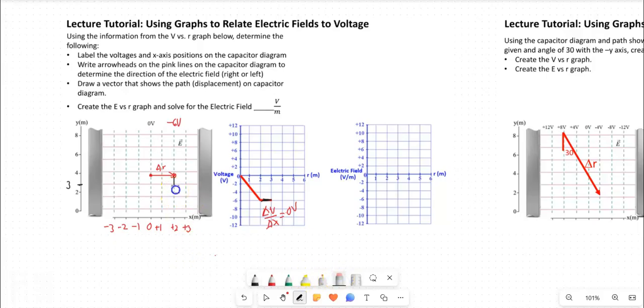Actually, let's make it move upwards. That way everything is going to be. So after it moved this first part, now it's going to be moving upwards 1 meter. And that's the other delta R. So that's this line right here.